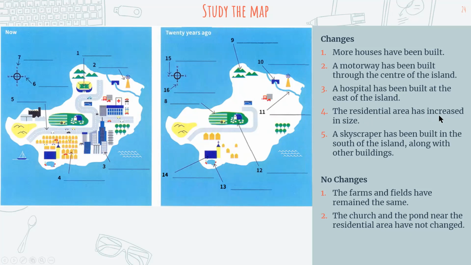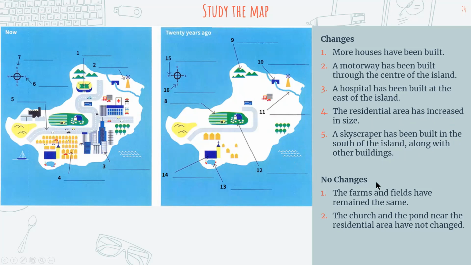The residential area has increased in size. There was a residential area in the past, but it's increased in size now. A skyscraper has been built in the south of the island along with other buildings. Of course, in this area, there was nothing at all. Now we have some buildings and a skyscraper.